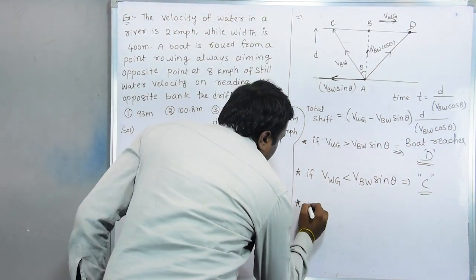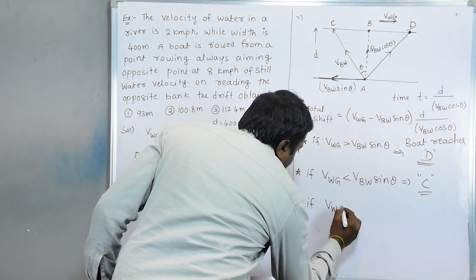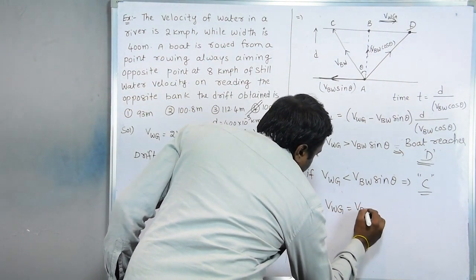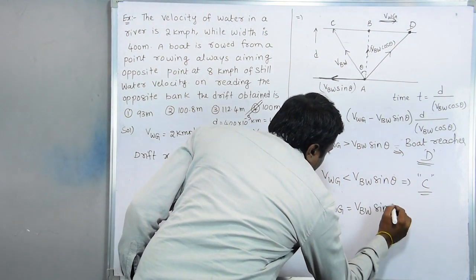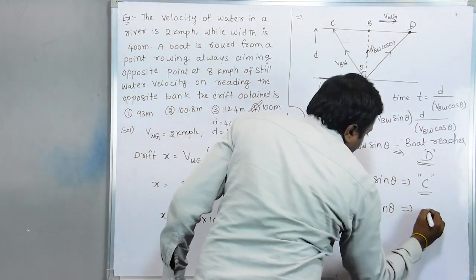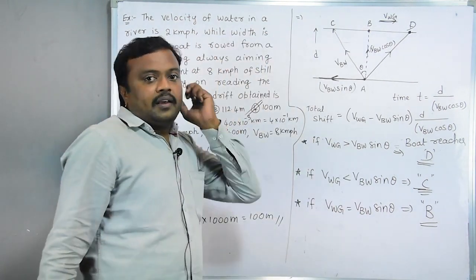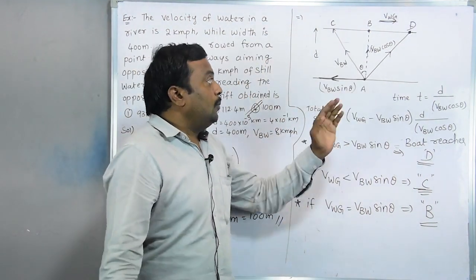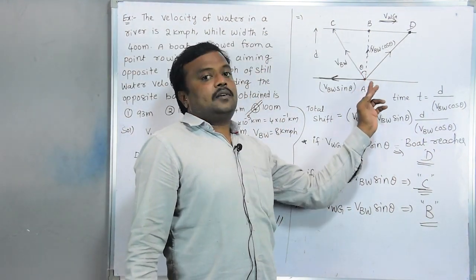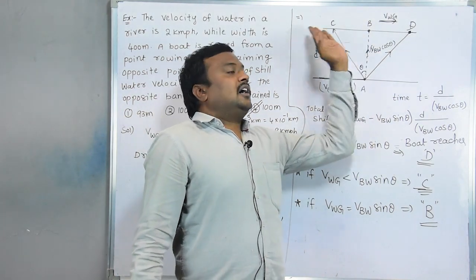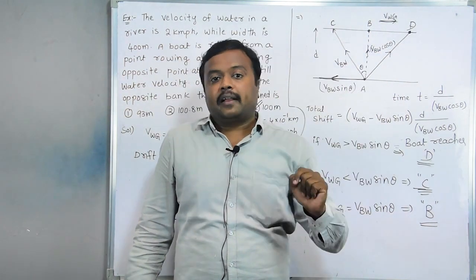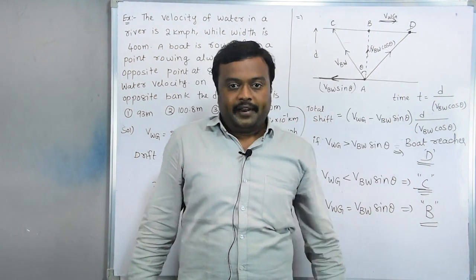Next case, if VWG is equal to VBW sin theta, then the boat reaches the exact opposite bank B. This is the situation when the boat is started at an angle theta to the normal, but it does not reach the exact opposite bank. It reaches some other point.